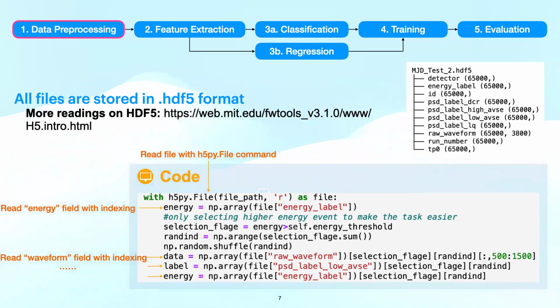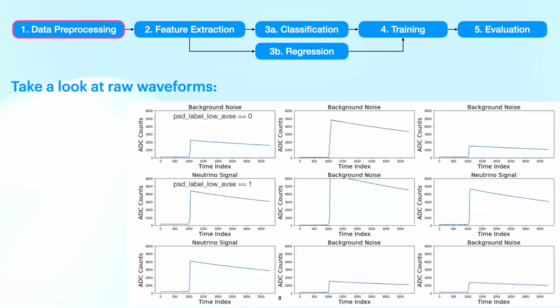For example, if I want to read out the energy, I just index it with the energy label, and then I can read the energy. If I want to read out the actual waveform, I can just read out the waveform field by doing file, raw waveform in brackets. So it's very easy to access an HDF5 file after you load it using this package.